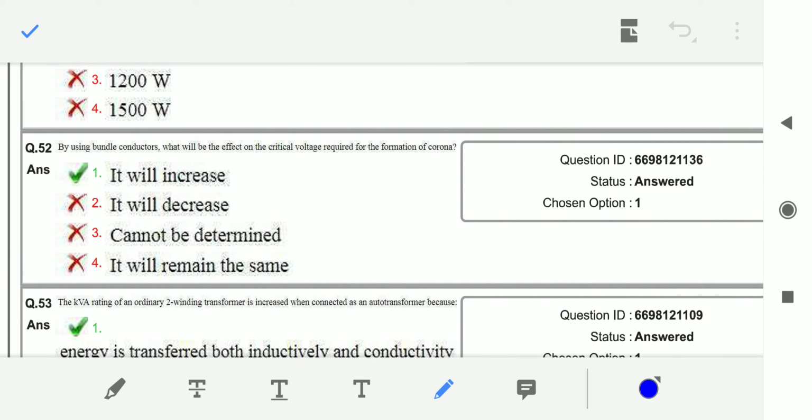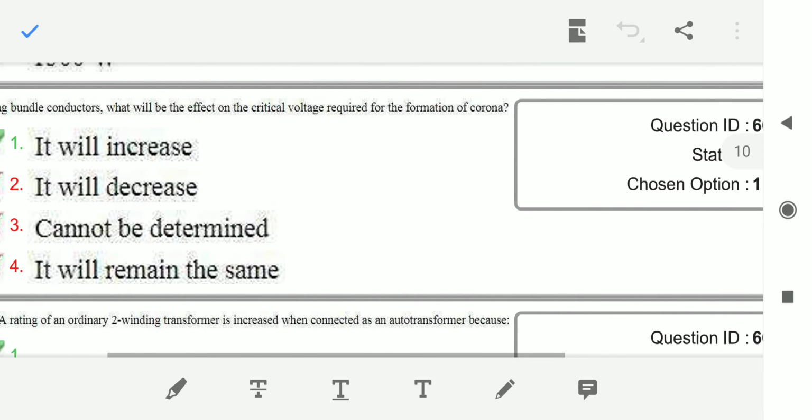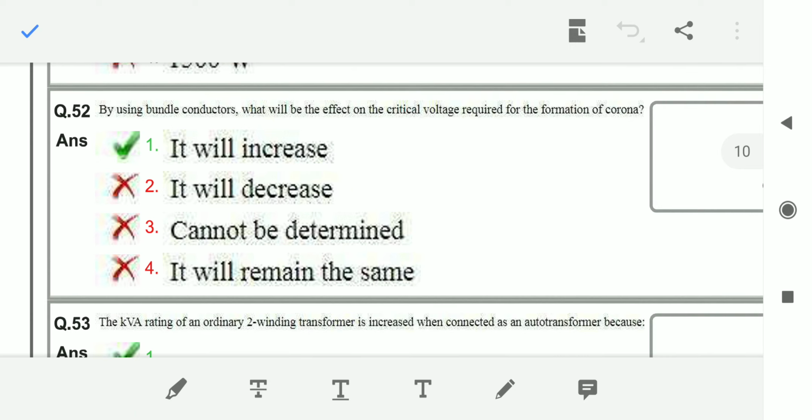Next, question number 52. By using bundled conductors, what will be the effect on the critical voltage required for the formation of corona?